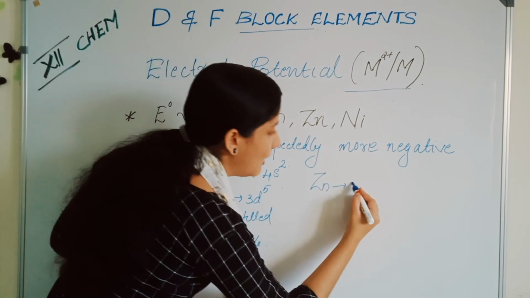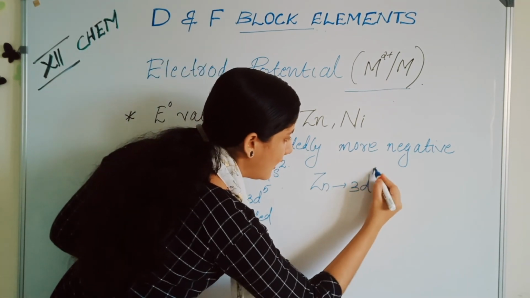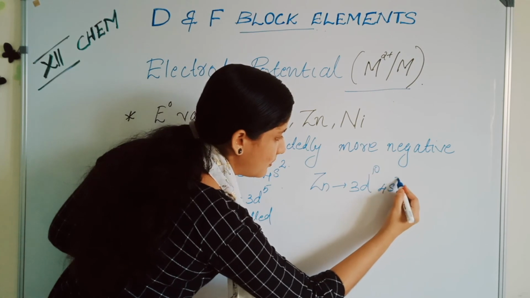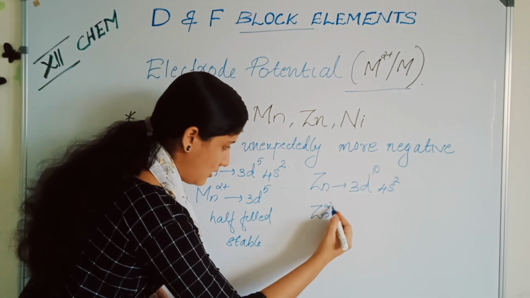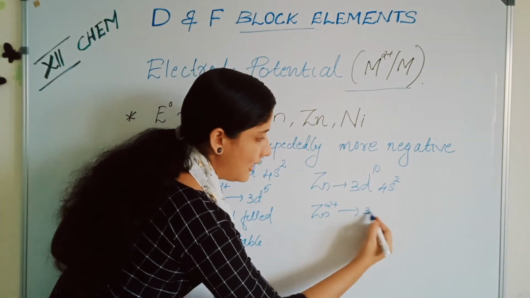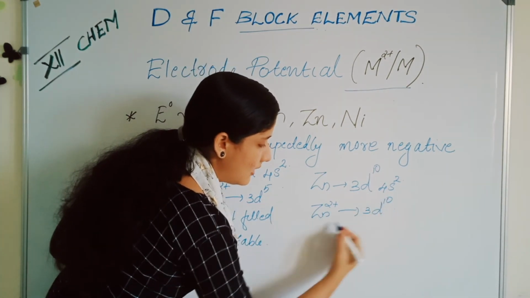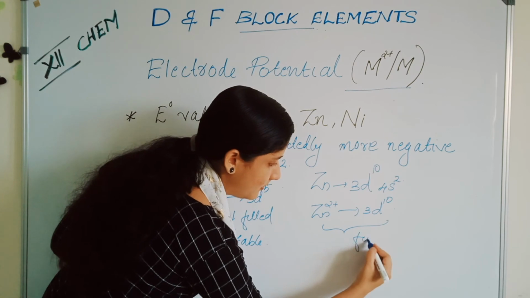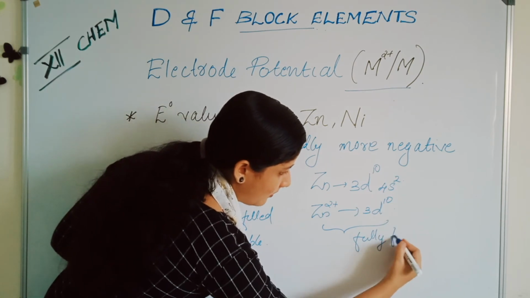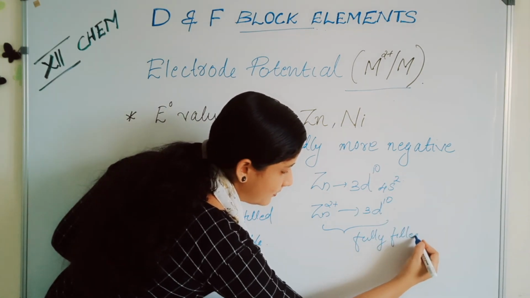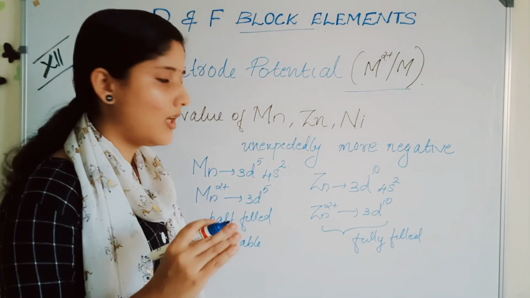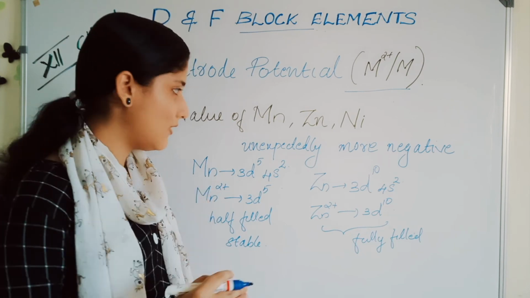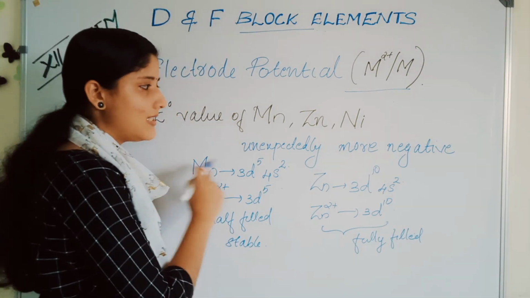It is completely filled, 3d10 4s2. Zinc in 2 plus oxidation state is what? It is 3d10. It is fully filled and stable. Highly stable. So, the E0 value is unexpectedly very negative in the case of manganese and zinc.